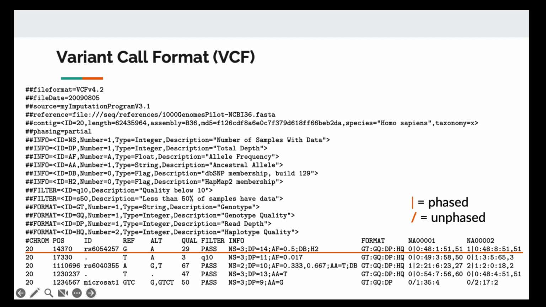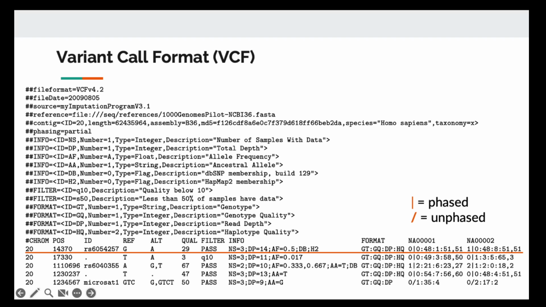The top part has the sharp symbol. If you see sharp symbols in any kind of computer file, this usually means it's not the data, but a note for humans to read.